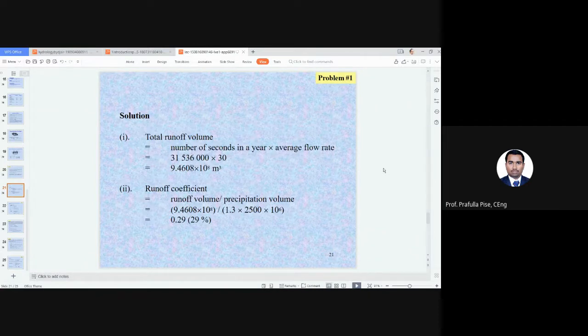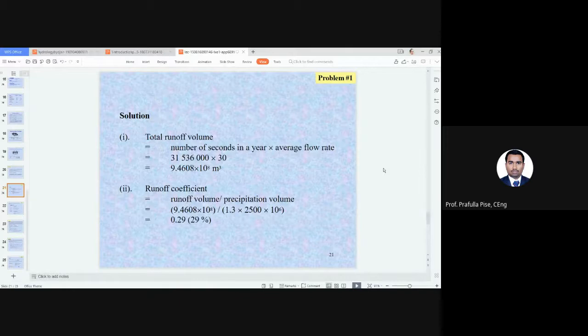So for the first, the total runoff volume can be calculated using the formula: number of seconds in a year times average flow rate. So number of seconds, how can we get it? 365 days times 24 hours in a day times 60 minutes in an hour times 60 seconds in a minute.